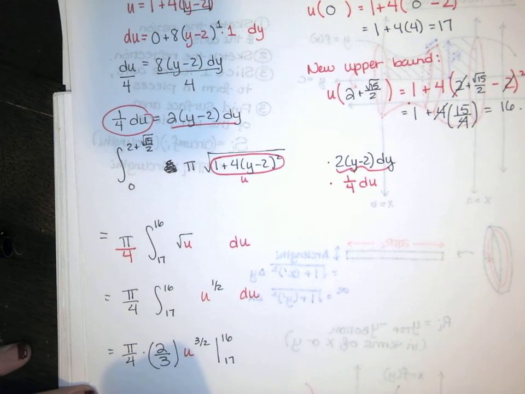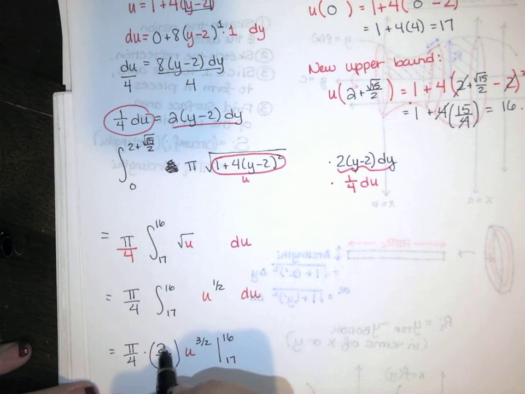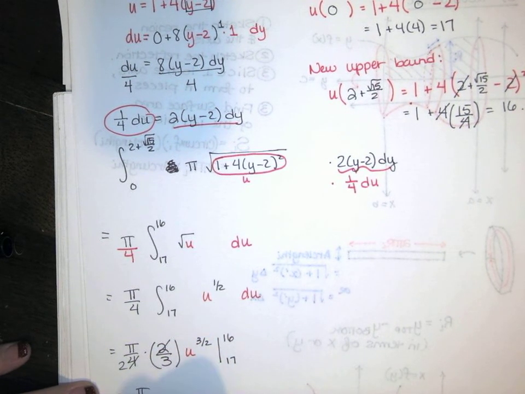Yeah, see, there's a problem here. 2 goes into 4 twice, I get pi over 6 here. And then I've got 16 to the 3/2 minus 17 to the 3/2.